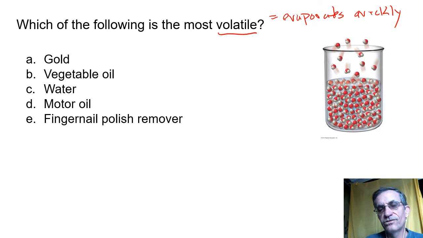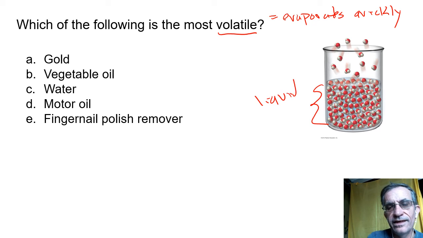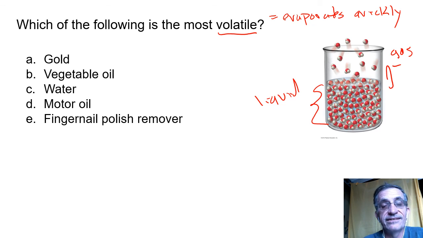So this is supposed to be a liquid turning from a liquid into a gas. We're talking about that. Which of the ones on this list is the most volatile? Another way of saying that, which of the ones on this list evaporates the most quickly?